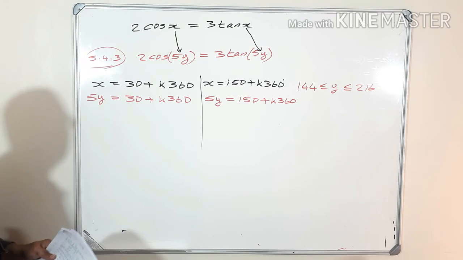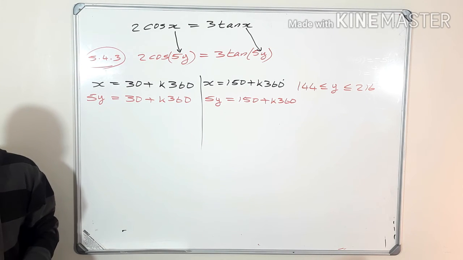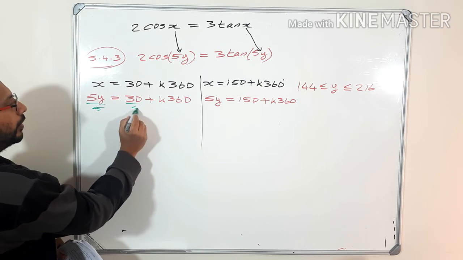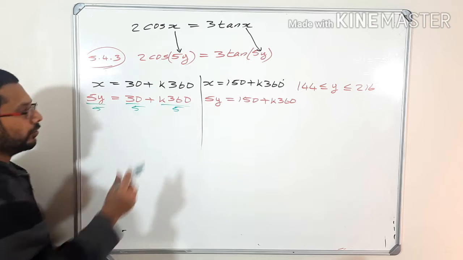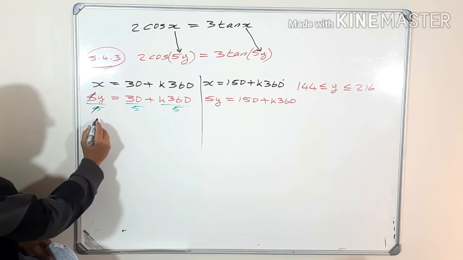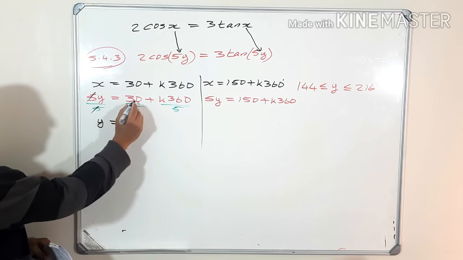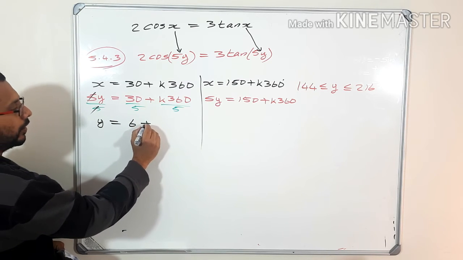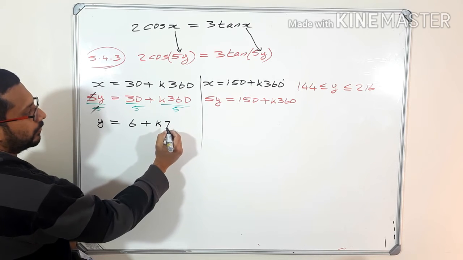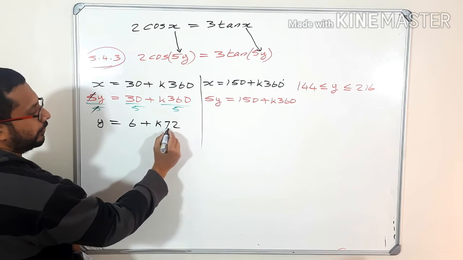Here if I divide throughout by 5, the 5 and 5 cancel. So y is equal to 30 divided by 5 is 6 plus k times 72 degrees.